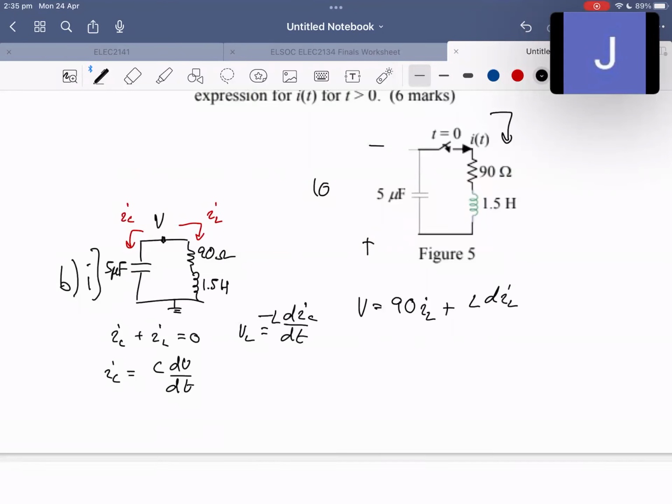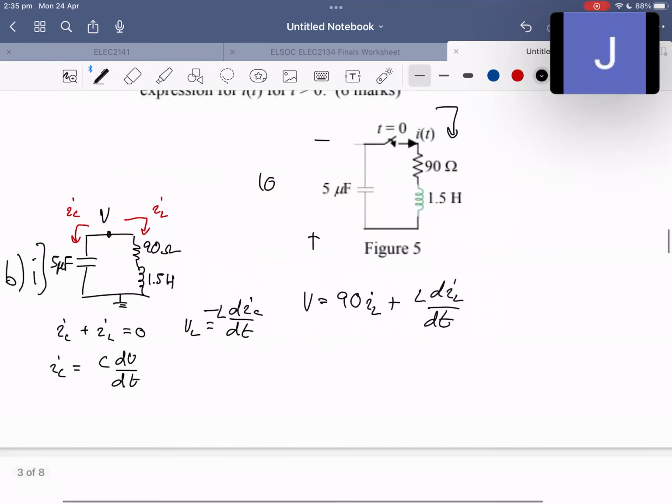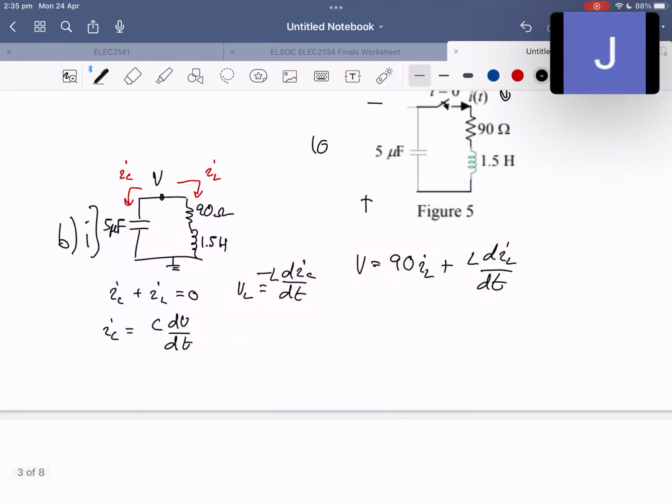So L dIL on dt, and that's the voltage at the top node.